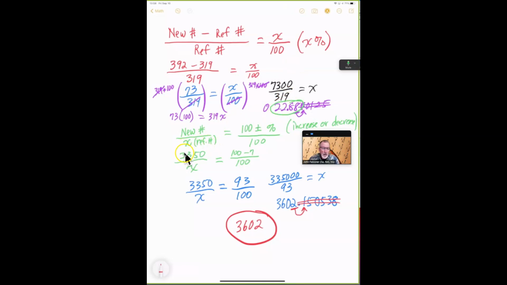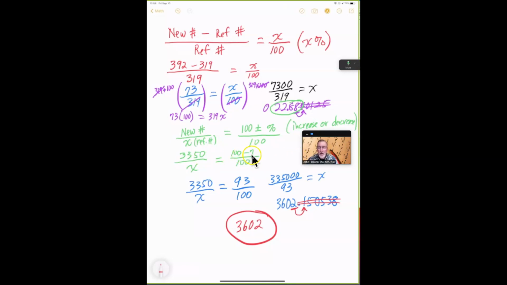All right, and then this bottom one, the second problem today. They give you how much the change was, right? And then they tell you what it changed to, but we don't know what it changed from. So we set this up this way using 100% minus, in this case, the 7% change.